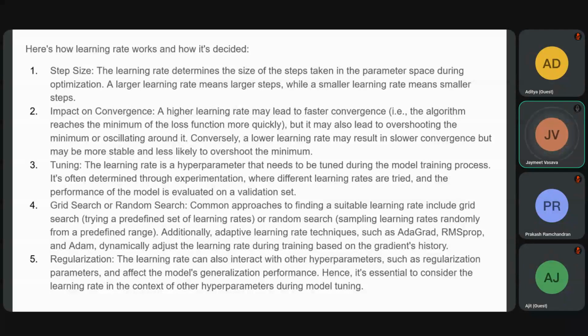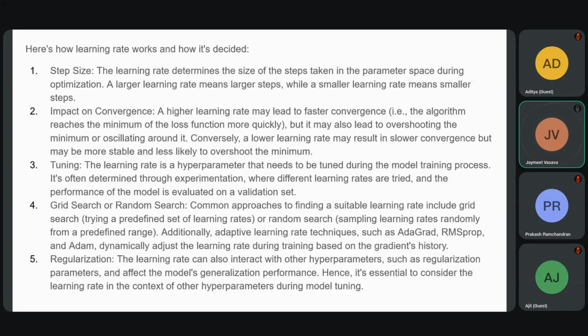Common approaches to finding a suitable learning rate include grid search, or trying a predefined set of learning rates, or random search, sampling learning rates randomly from a predefined range. Additionally, adaptive learning rate techniques such as AdaGrad, or adaptive gradient, then RMSprop and Adam dynamically adjust the learning rate during training based on the gradient's history.